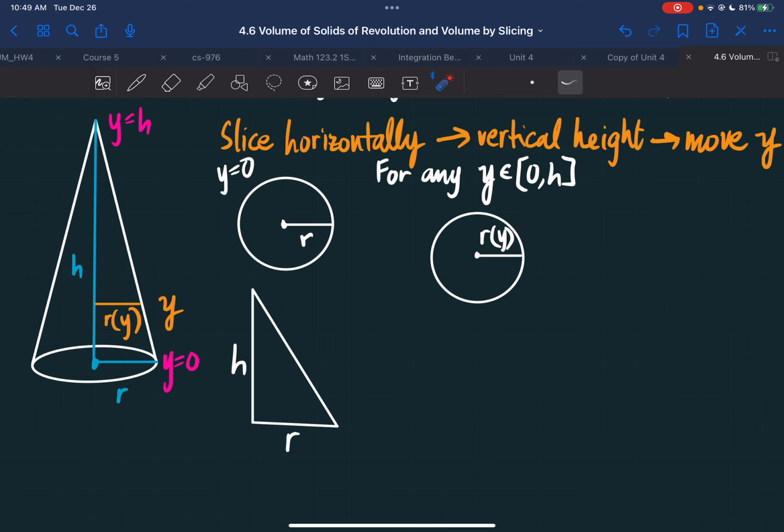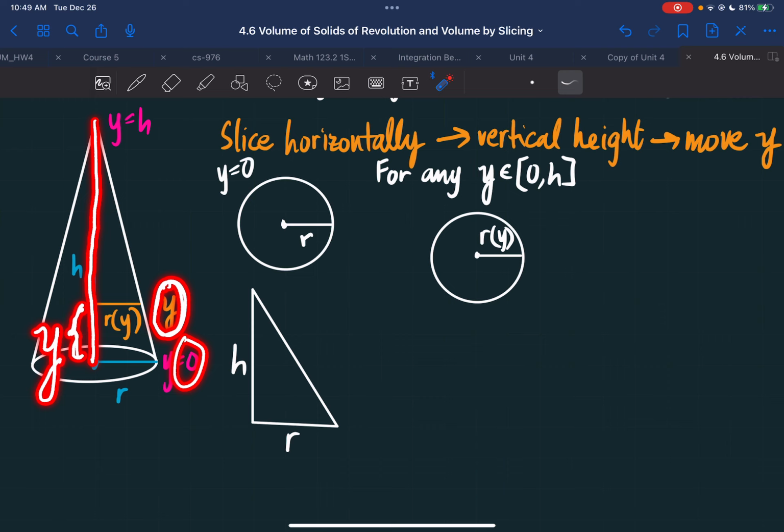As for our height, it would be this entire h. However, we are removing this portion right here, which is from this value of y to 0.